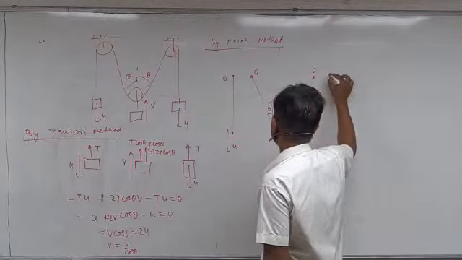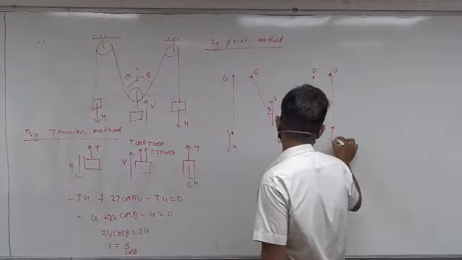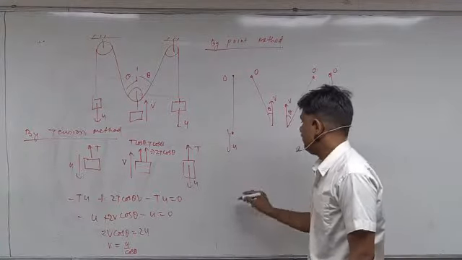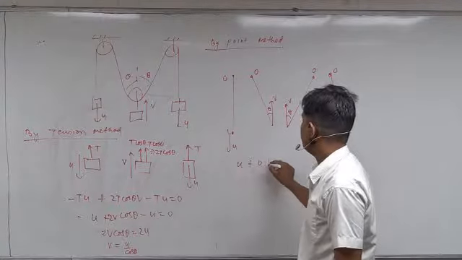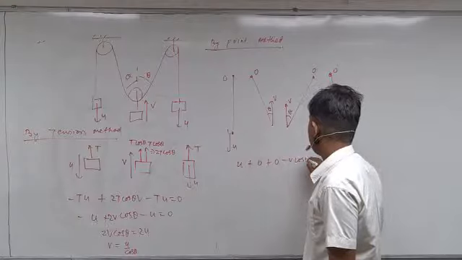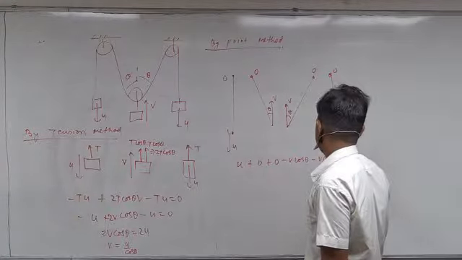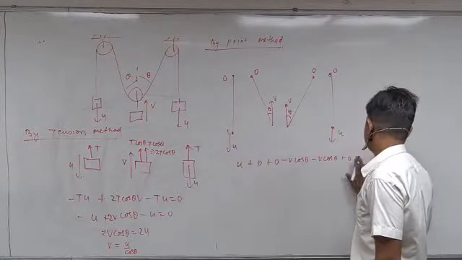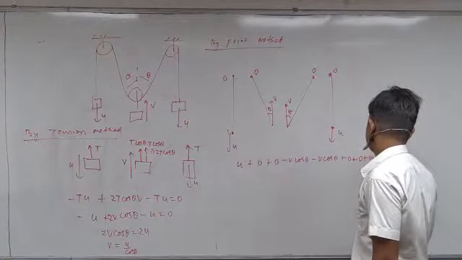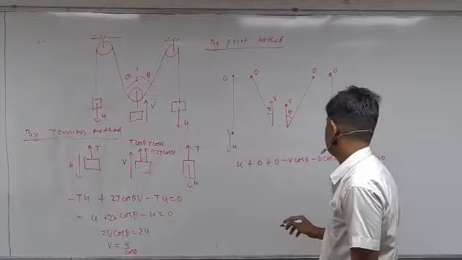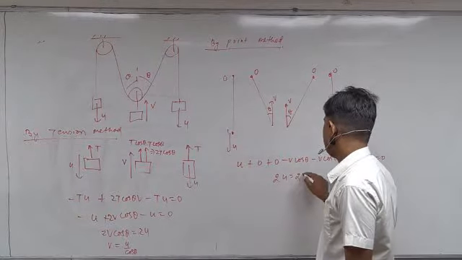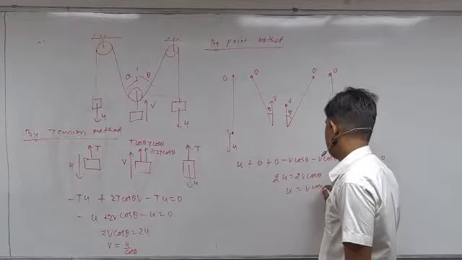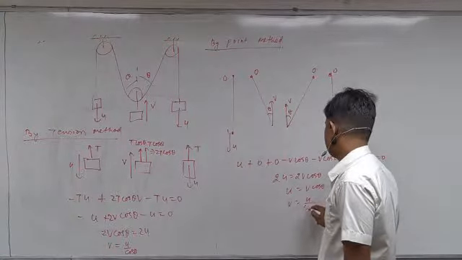This is 0, this is 0, and this is u. Now if I start from here, I will write plus u plus 0 plus 0 minus v cos theta minus v cos theta plus 0 plus u equals to 0. 2u equals to 2v cos theta. So we get u equals to v cos theta, so v equals u by cos theta.